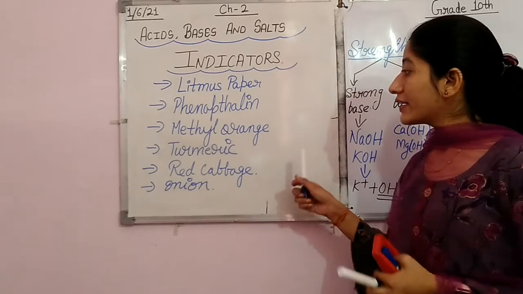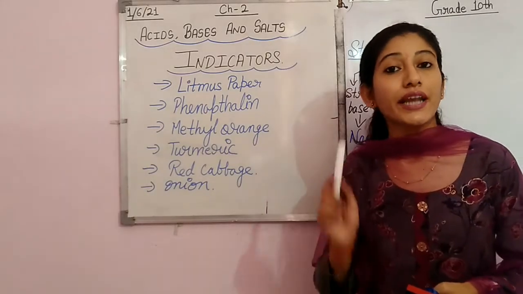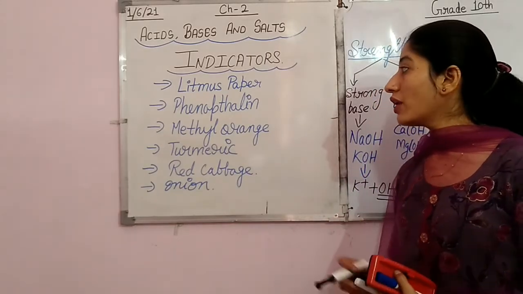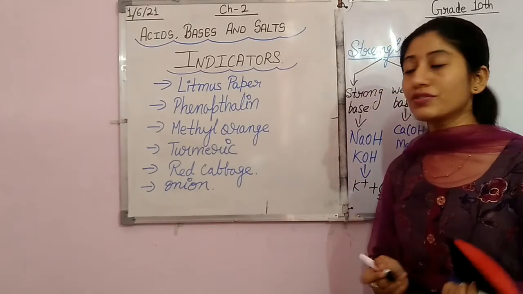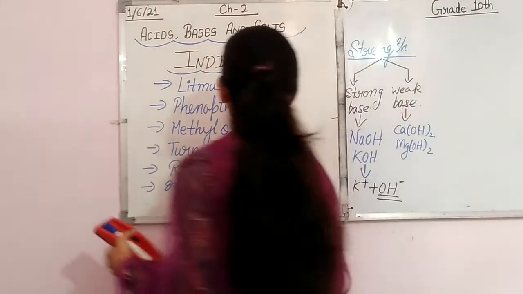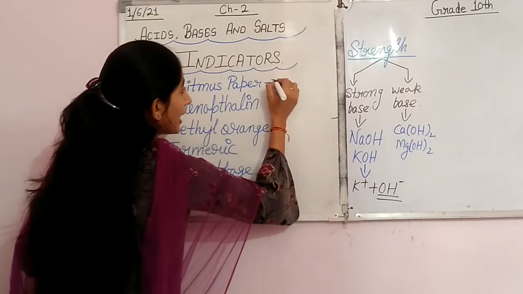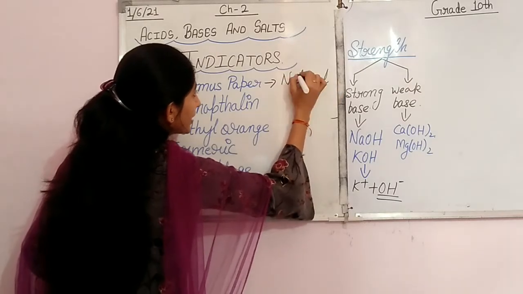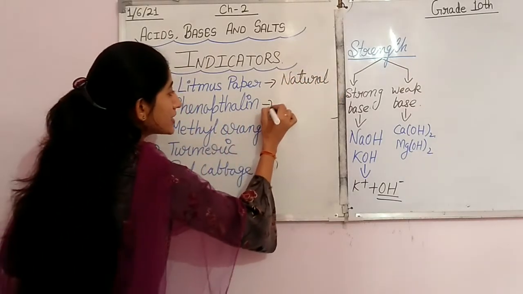Now, these indicators are natural as well as synthetic. So first let me tell you which are the natural ones and which are the synthetic. Litmus paper is our natural indicator. Okay, litmus paper is our natural indicator. Phenolphthalein is synthetic.